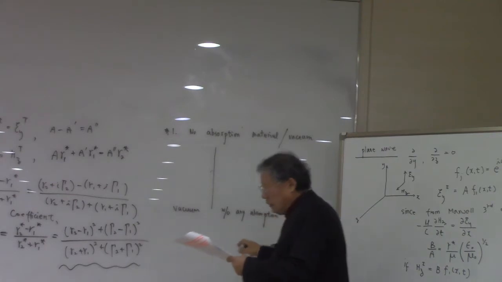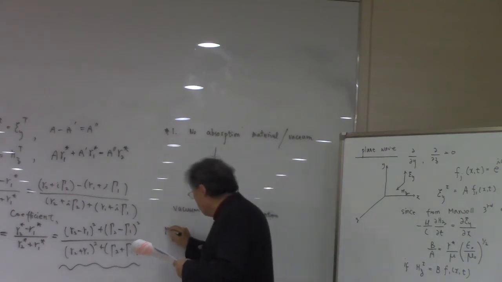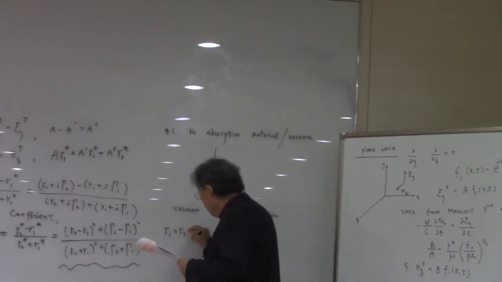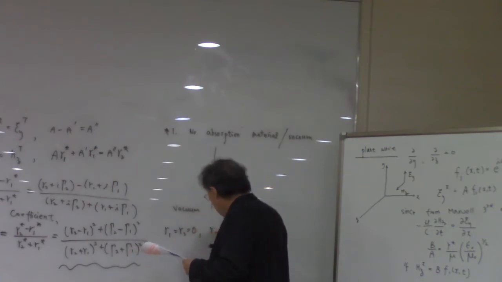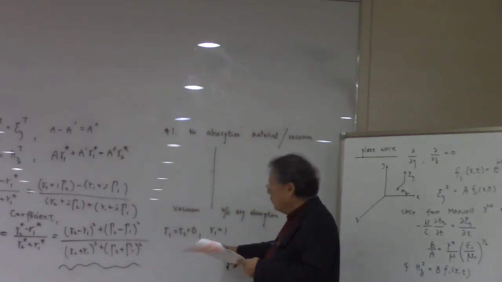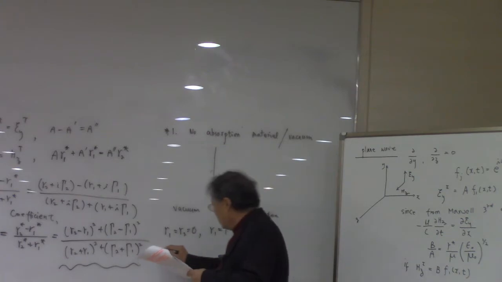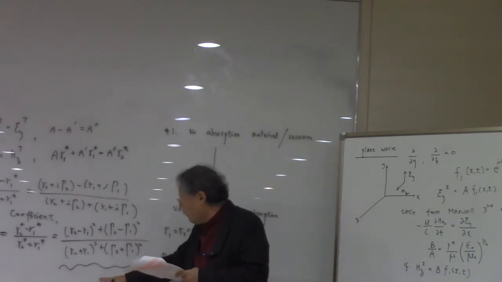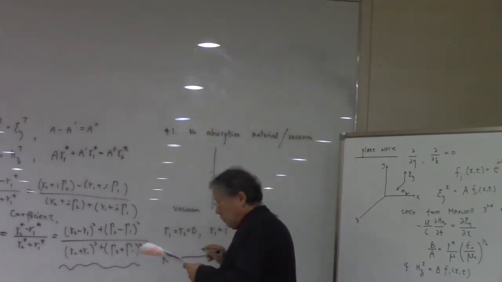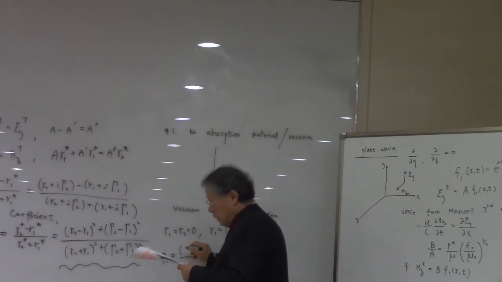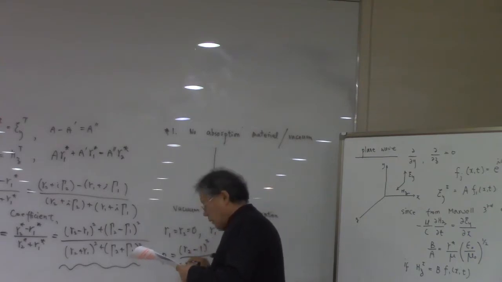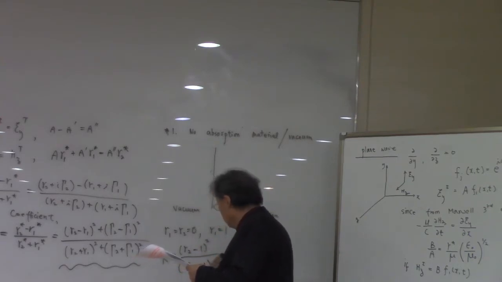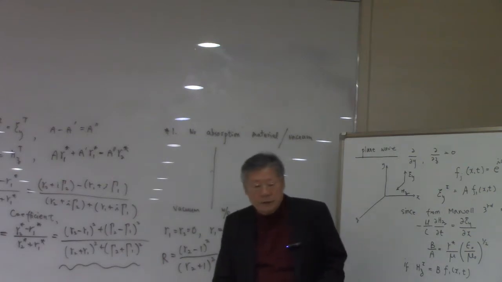In this situation, R1 is equal to 1, so the reflection coefficient here is simplified, simply (R2 minus 1) square over (R2 plus 1) square, something like this, all right?